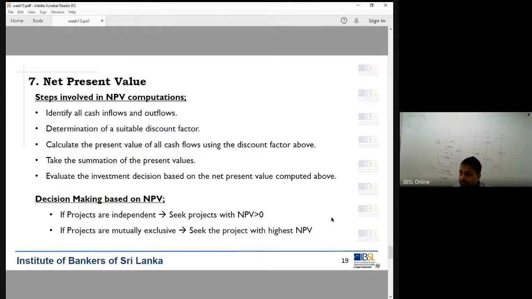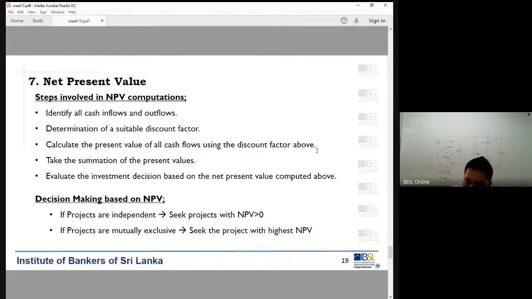But if you can't ration your capital, maybe you can take projects 1 and 2 with the best NPVs. Those are different scenarios that we can see in next week's questions. So bear in mind, NPV is nothing but your present value equation applied to different cash flows at different times using one common discount rate or interest rate.